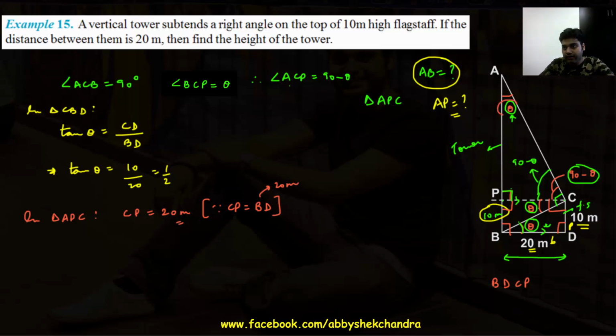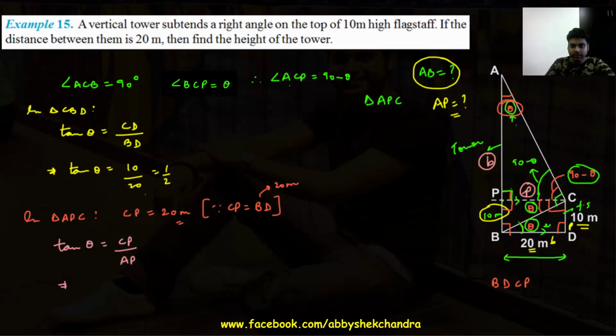Now this angle is theta. We know CP and we want to find AP. CP is the perpendicular with respect to this theta and AP is the base. So we are going to use tan theta. Tan theta will be equal to CP by AP.